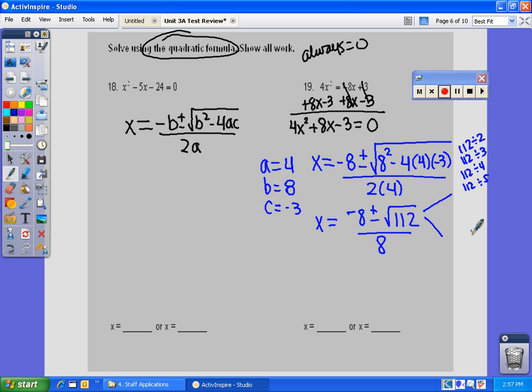So when I did this, I went all the way to 112 divided by 16, and I got 7. 7 cannot be broken down. 16 is a perfect square. So I have 16 here and 7. So once you break it down, the square root of 16 is 4. Stop right there. Don't go any further.